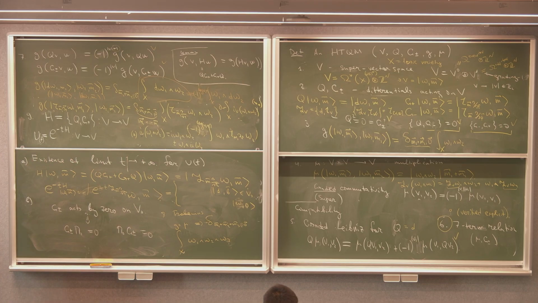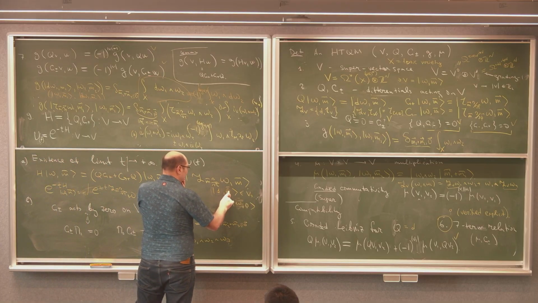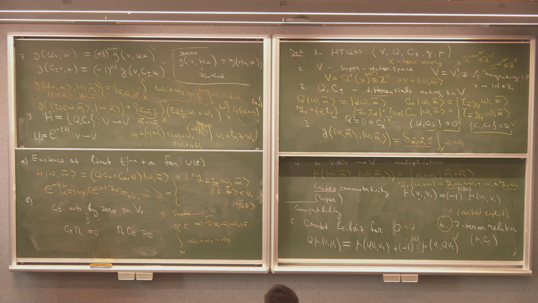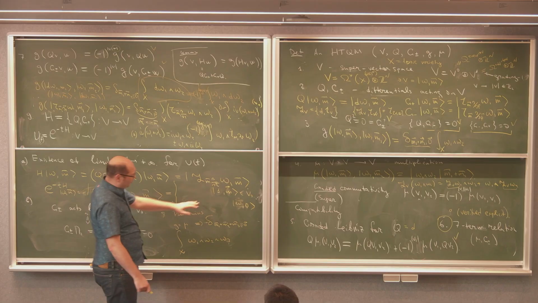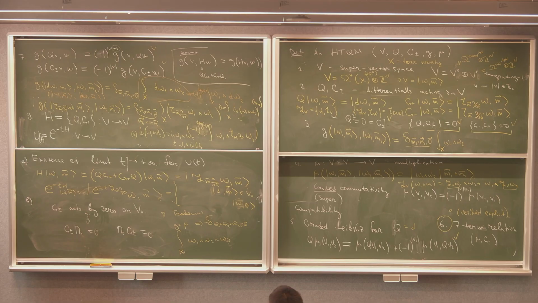Okay, so for constant forms, sorry, maybe I'm thinking. Constant forms do not change under the action of a Lie derivative. Therefore on constant forms this operator acts trivially, so the limit exists.